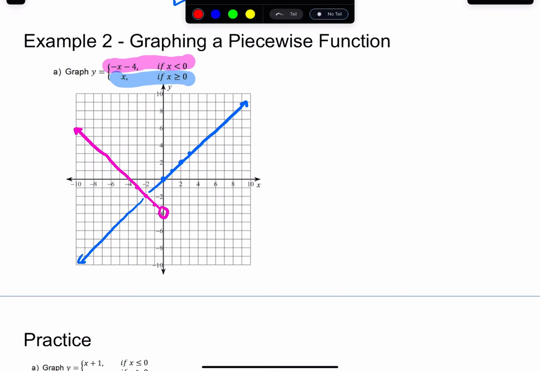Okay, so my interval, x is greater than or equal to 0. That means I'm erasing everything that's below 0. So I'm erasing this part of the line right here. Because it has the equal to, I can leave my closed point at 0.